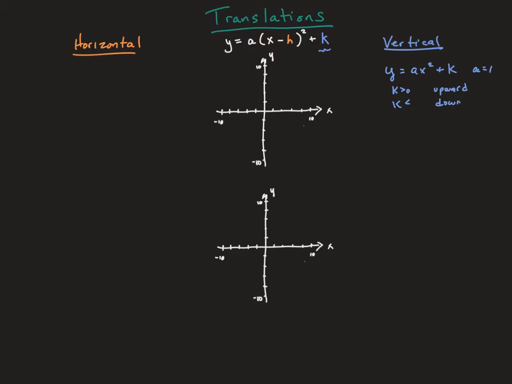So looking at this, if I have y equals x squared, that is going to be the parent function, and that is going to look something like that.